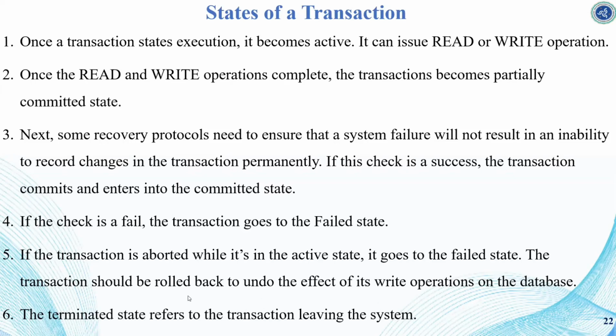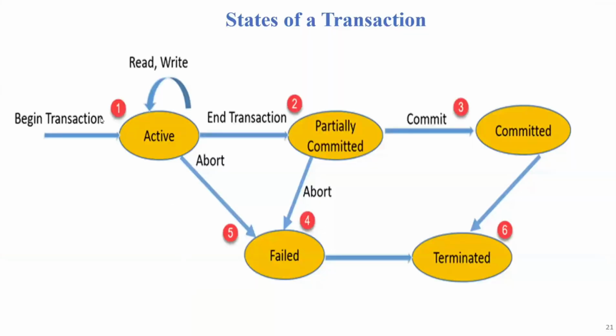Okay, so these are the different states of the transaction. Active state, that is, the time when transactions run. After reaching the end transaction, it will go to the partially committed state. From partially committed it can move either to the committed or the failed state.